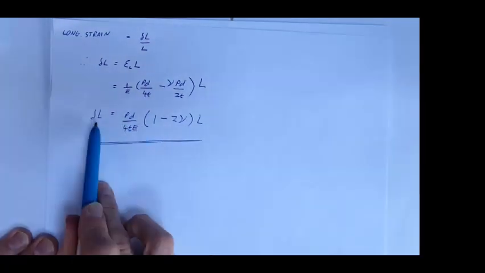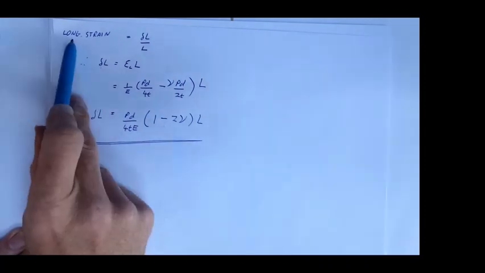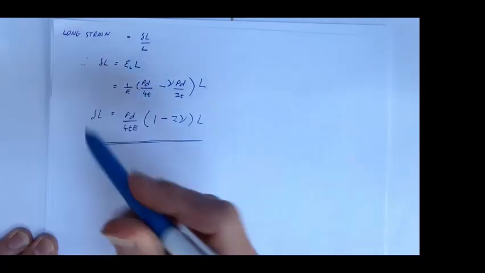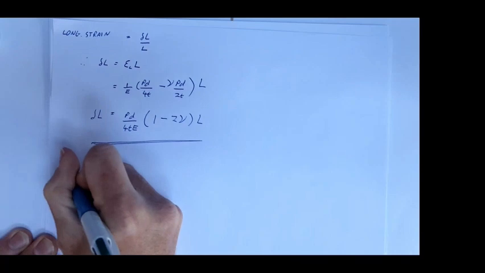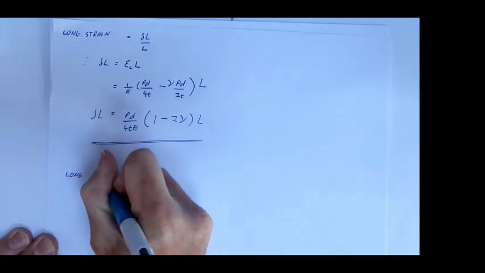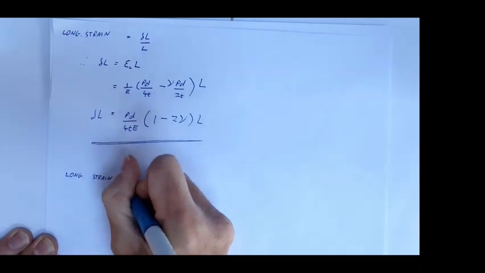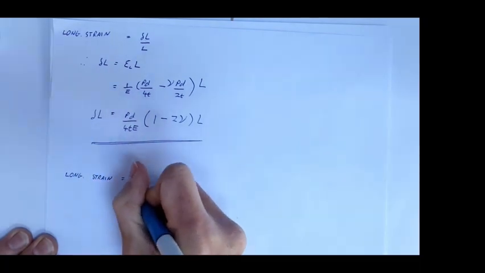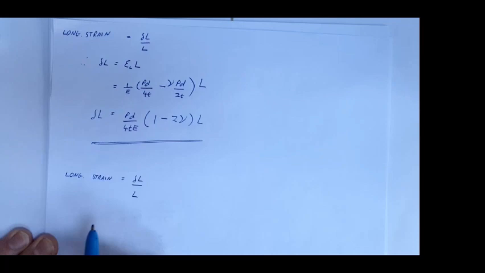Okay, so we've got the change in length of our cylinder. Now, how did we get that? We got that by considering the longitudinal strain, which equals change in length over original length.